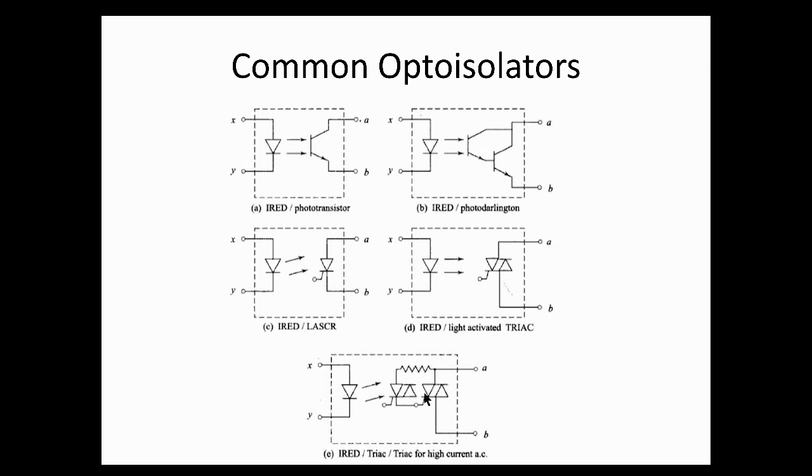Of course, this is all packaged for you. So we have the infrared triac high current type configuration here. As you can see, in all cases of the opto-isolators, we're going to have a light.